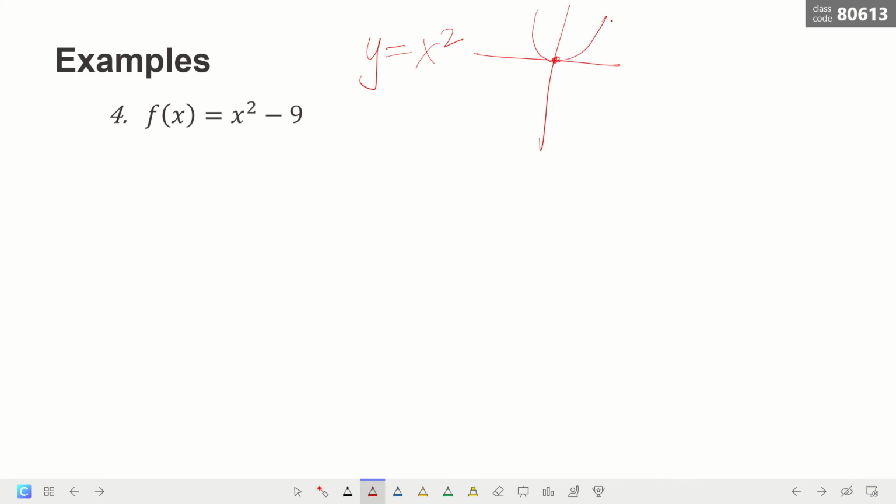For x squared to be considered 1-to-1, we limit its domain to either x greater than or equal to 0, or x less than or equal to 0.